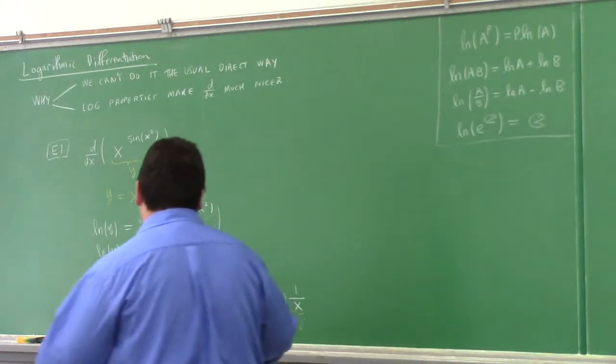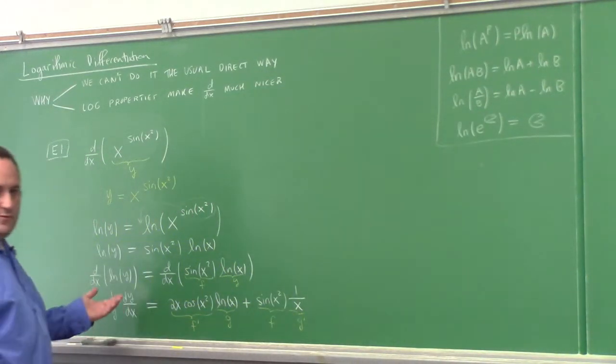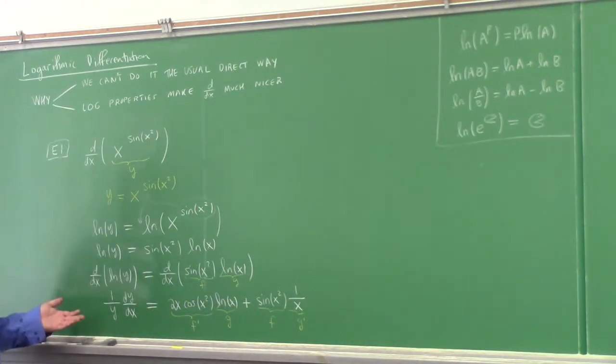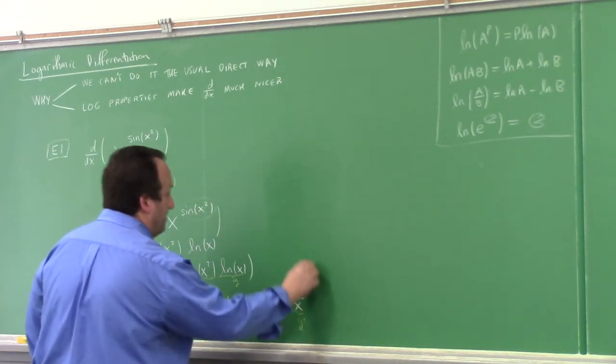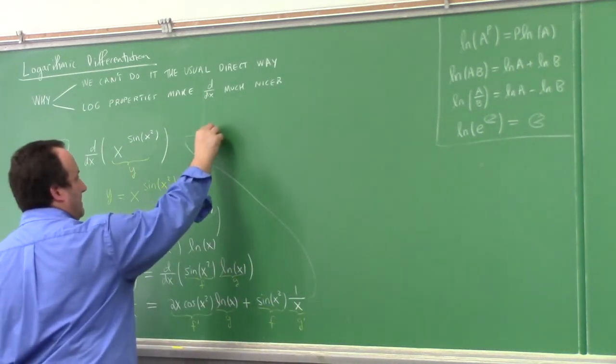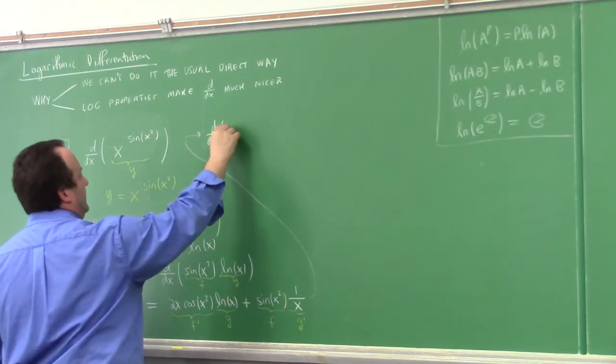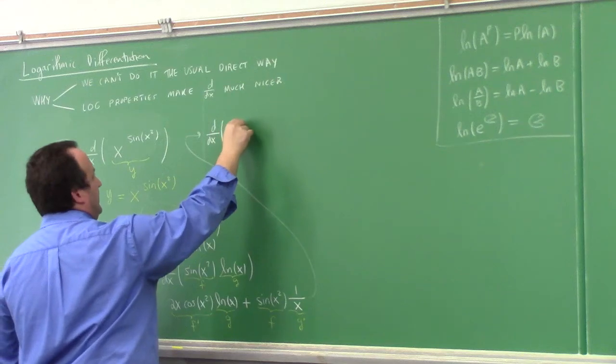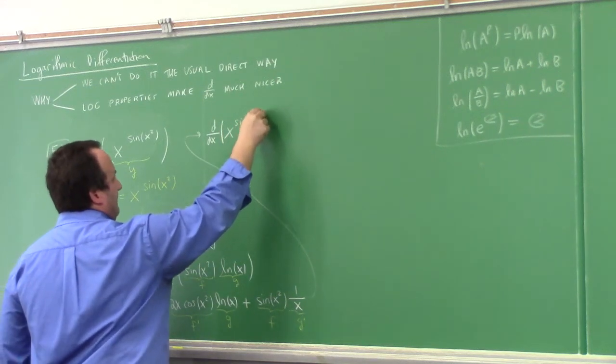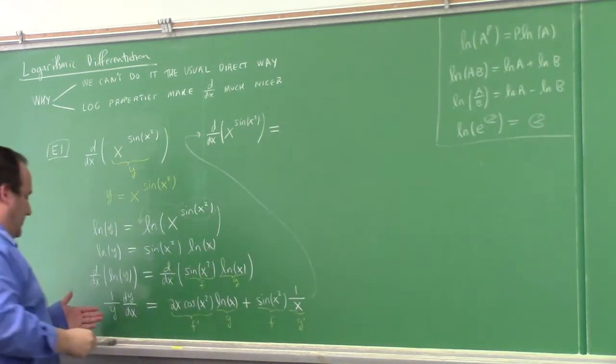Okay, almost done. Now what do we do? What are we trying to find? We're trying to calculate dy dx, so solve for dy dx. We get d dx of y, which was x to the sine of x squared, equal to what? Multiplied by y.